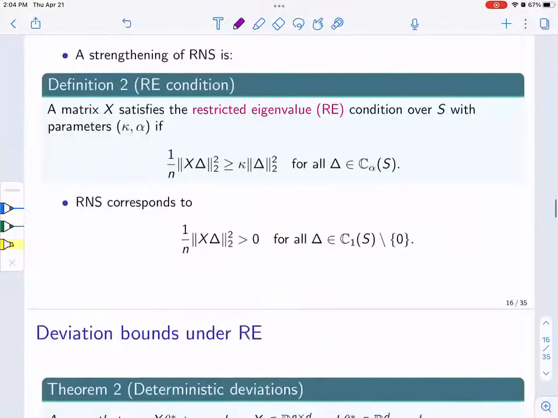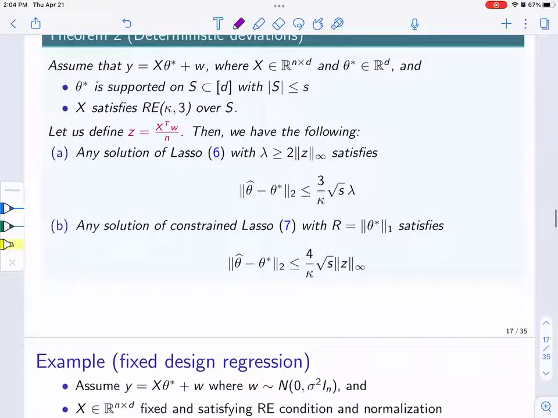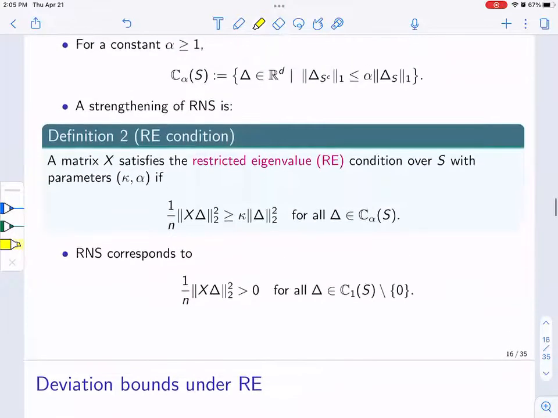Okay, so with these two problems, we have this result: if you solve either one of these problems under this noisy linear model, and if you assume that theta star is supported on S, the cardinality is less than small s, and X satisfies the RE condition with parameter kappa over the subset S. Remember in the RE condition, there is this cone that is defined based on the support.